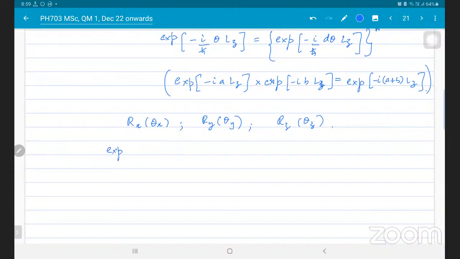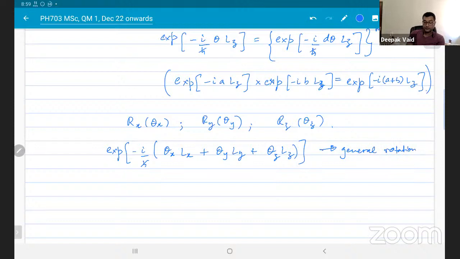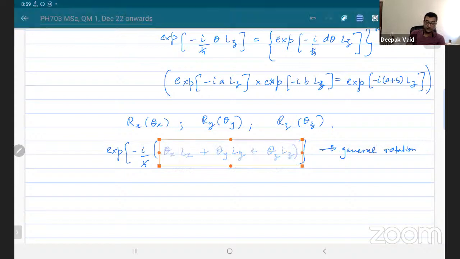I do exponent of minus i by h bar theta x Lx, theta y Ly, theta z Lz. This gives me a general rotation. Okay. This means that I am rotating around x by theta x, right? This is what it means.